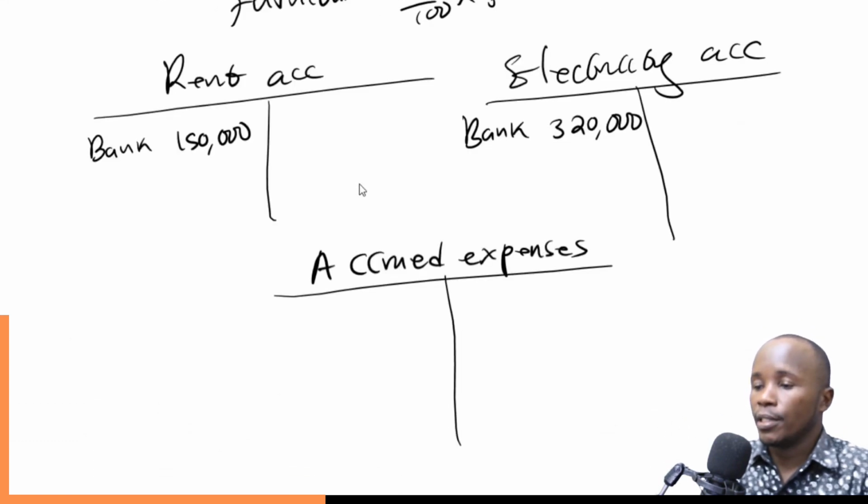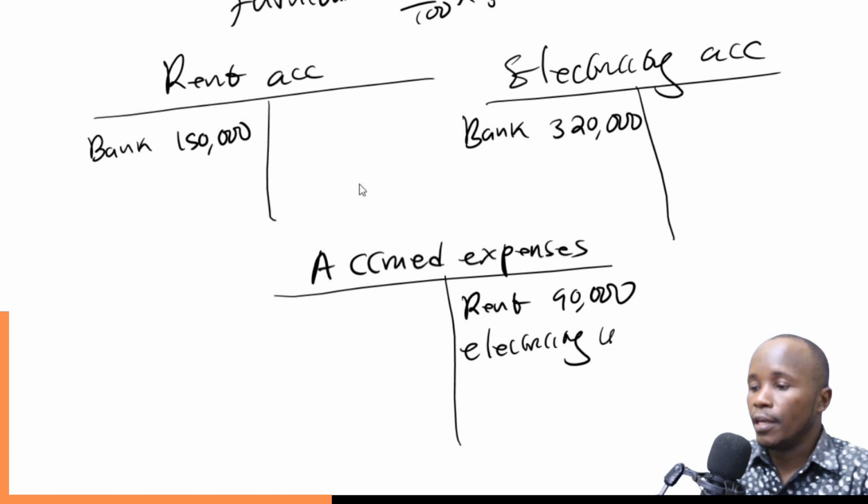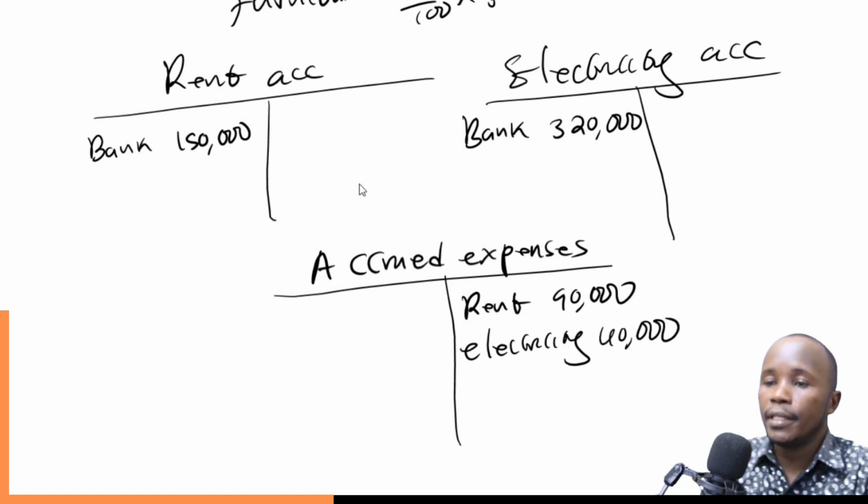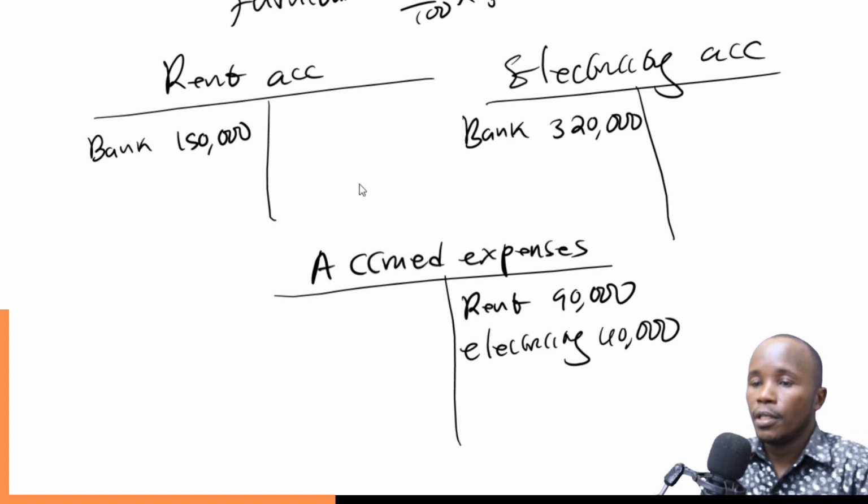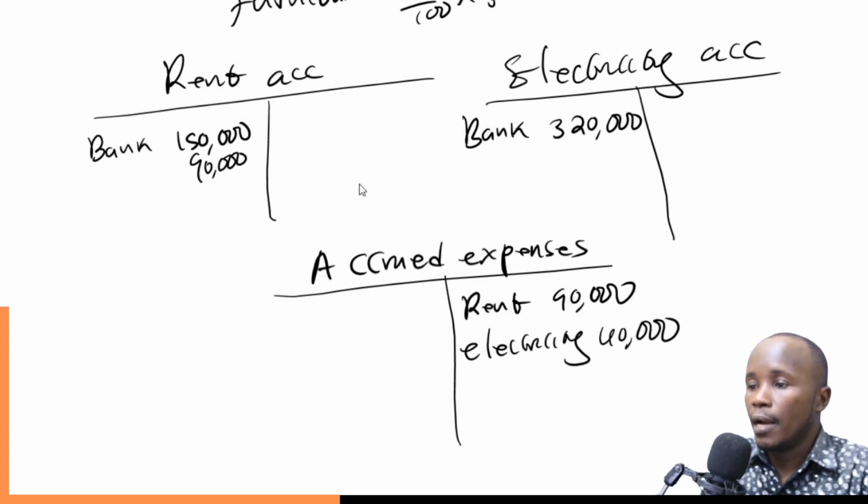In our accrued expenses, we are going to have rent 90,000 and electricity 40,000. Then we debit their respective accounts. Since we have credited this one, rent, we are going to debit 90,000, with accrued account, and here you're also going to credit accrued account with 40,000.